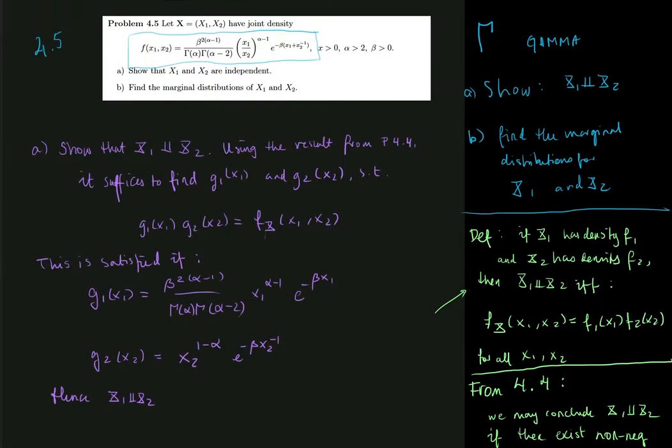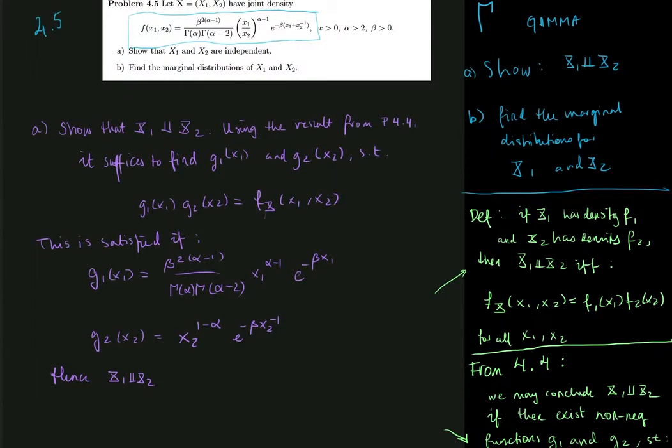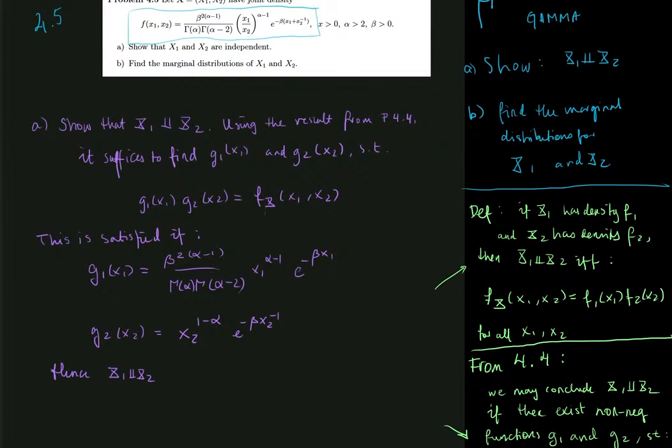Now we need to try and solve the second part. And the funny thing is that in finding g1 and g2, we have almost solved the second part because we want to find the marginal distributions of x1 and x2. And a really good way to do this is by recognizing the densities. So we know that the density for x1 will certainly involve something with x1 to the alpha minus 1 and then e to the minus beta x1.